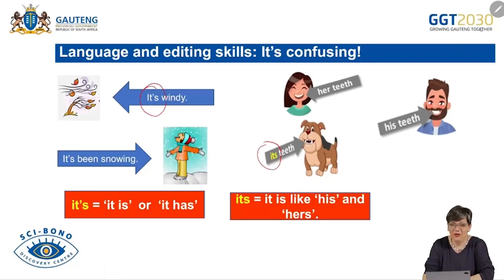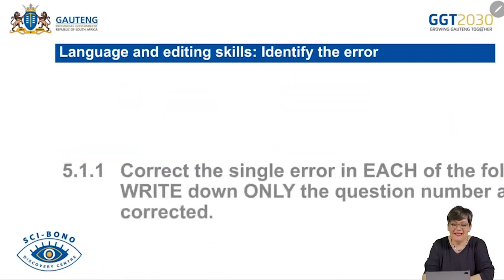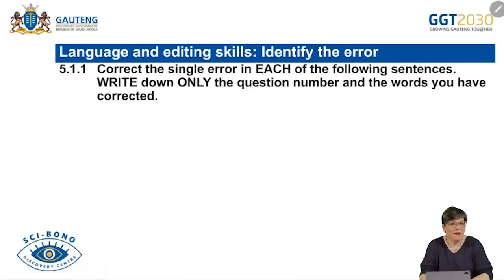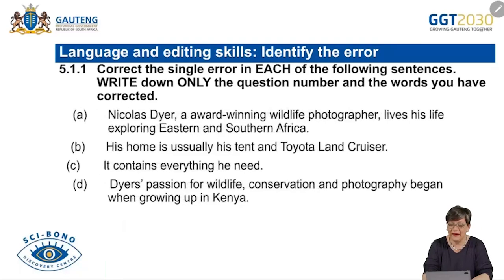Now, I hope you're ready. Remember we said paper 1, question 5 starts with the sentences in which you have to find the errors. Now, the instruction says very clearly, write down only the question number and the words you have corrected. So, here are 4 sentences.